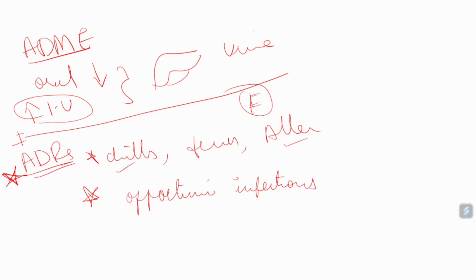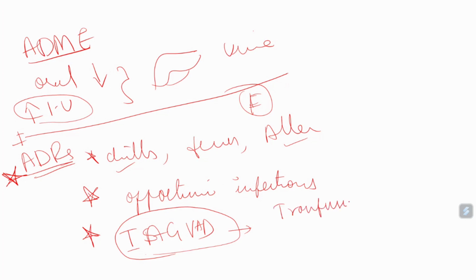And next, another very important point: fludarabine will cause transfusion associated graft versus host disease. You have to remember this condition. What is that condition? Fludarabine will cause transfusion associated graft versus host disease.